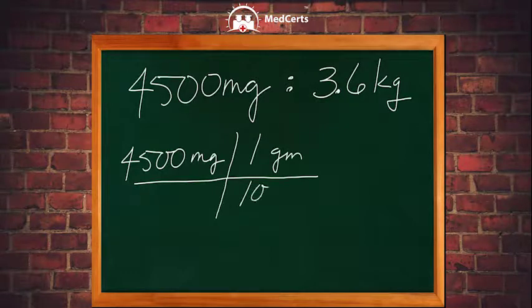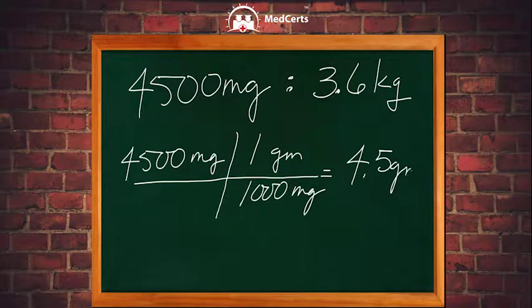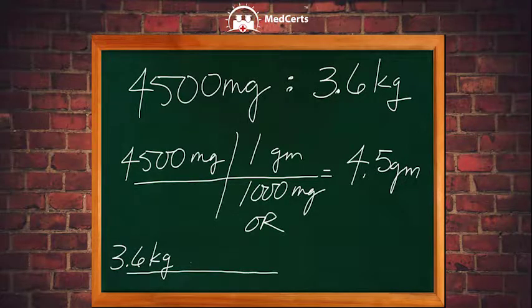So if I go from 4,500 milligrams to grams, you see my milligrams on the top and the bottom, they would cancel, and that would give me 4.5 grams. Or what I can do, I can take my kilograms and go to my next unit, and it takes 1,000 grams to equal 1 kilogram.